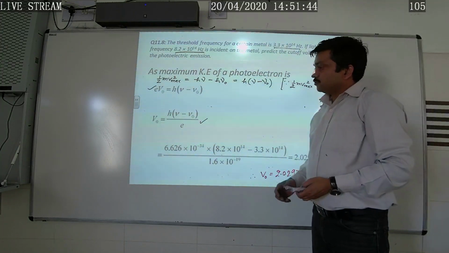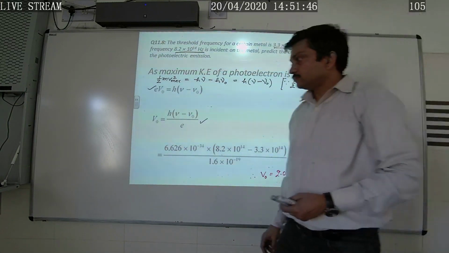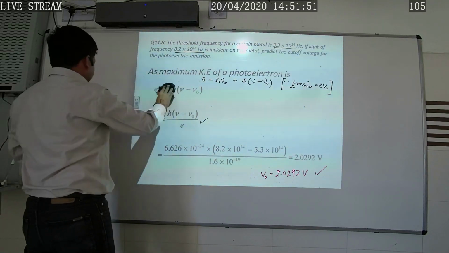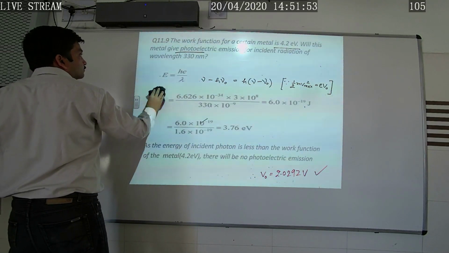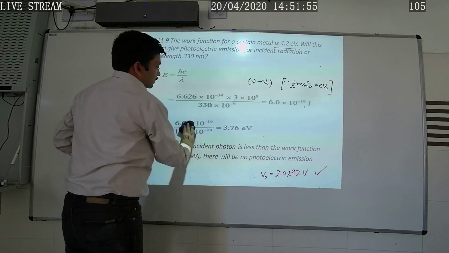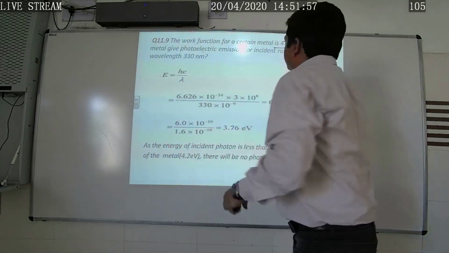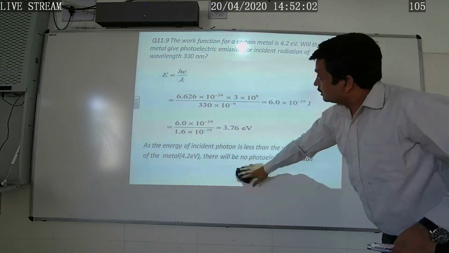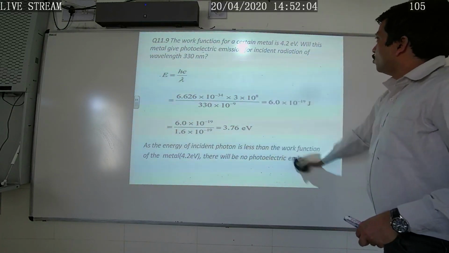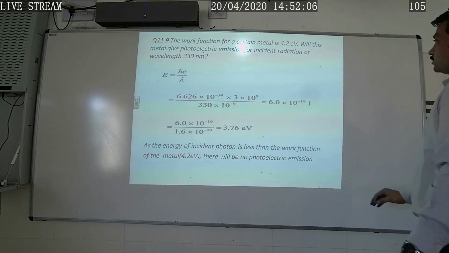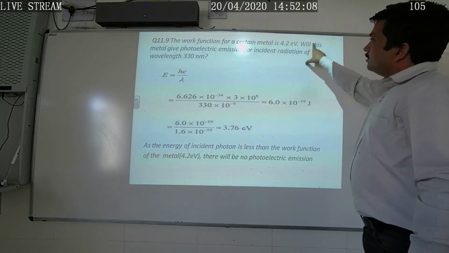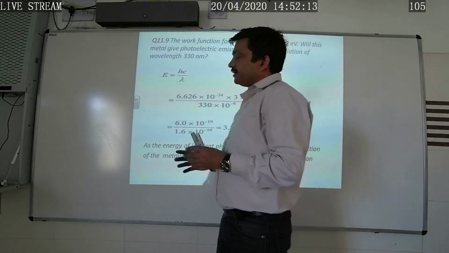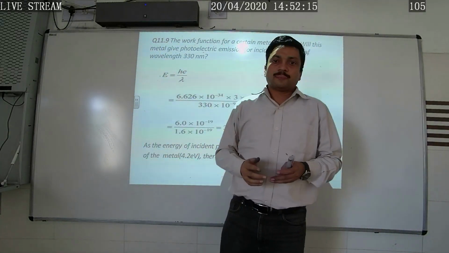Now, let's move to the next question. The work function for a certain metal is given to us as 4.2 electron volt. The next part asks: will this metal show photoelectric emission for incident radiation of this much wavelength or not?